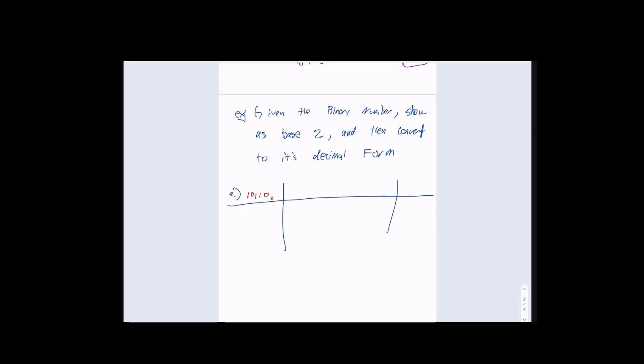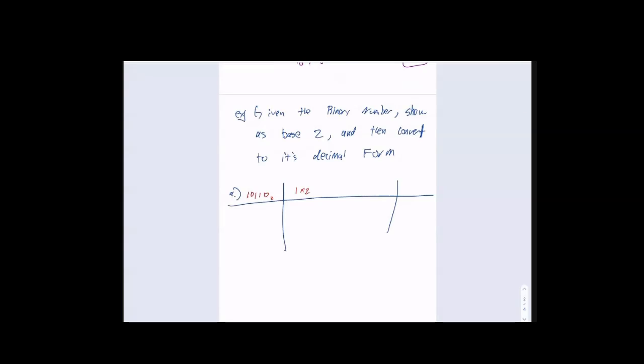So I want to show these numbers as base 2. So if we go backwards, this is the same thing as 2, because one times anything is just 2. So this is 1 times 2 to the what?